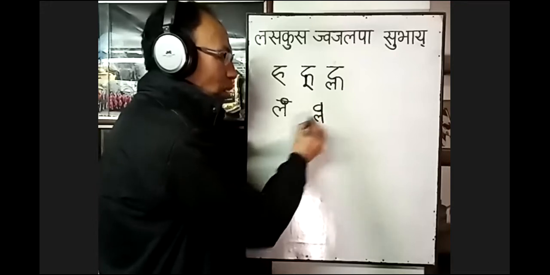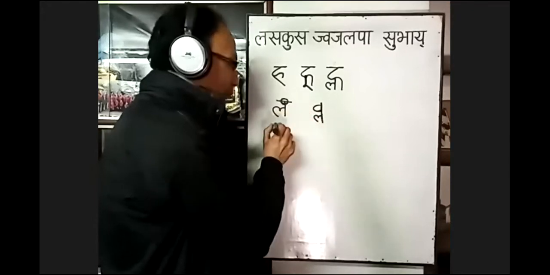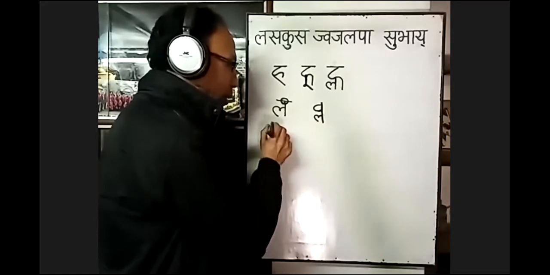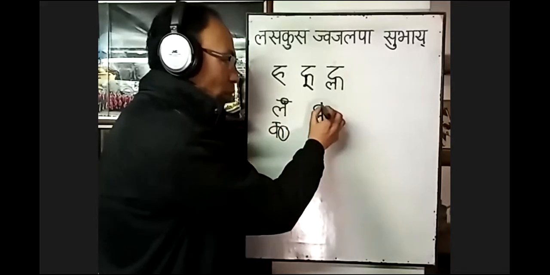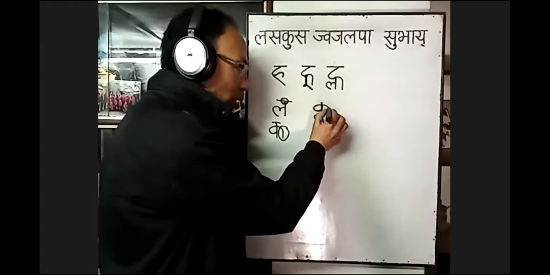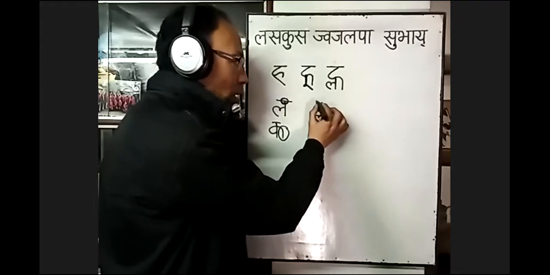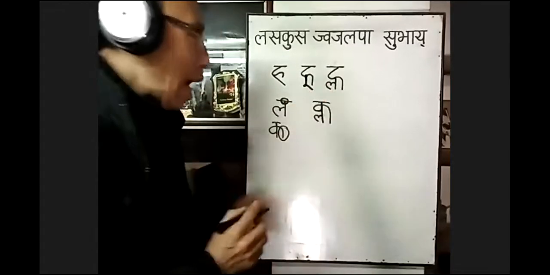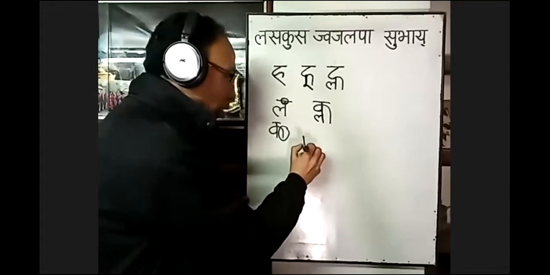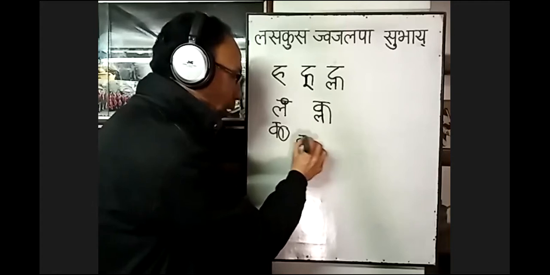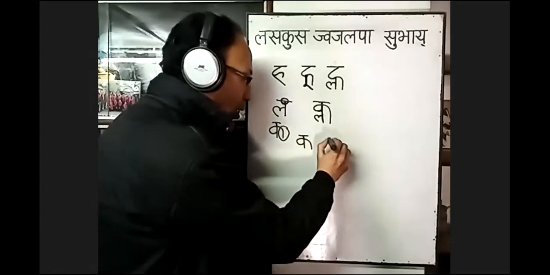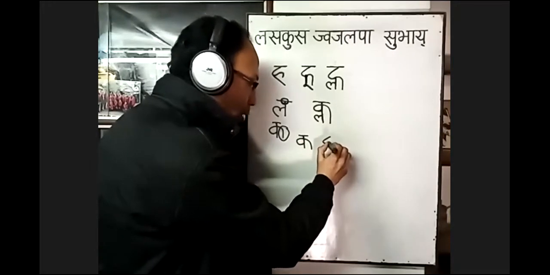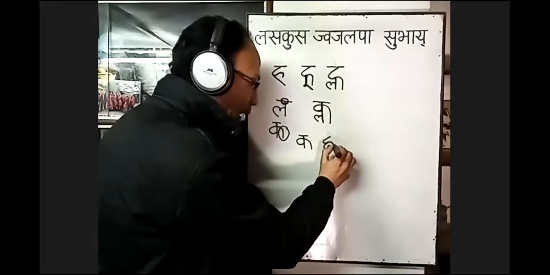Now to make it complete, what you need to do is, ka has the ha, right? Ka has this part here. So what you do is bring this part to cover the bottom letter, always. So whichever letter has the ha, whether it is ka, whether it is this also, this letter also has the ha.